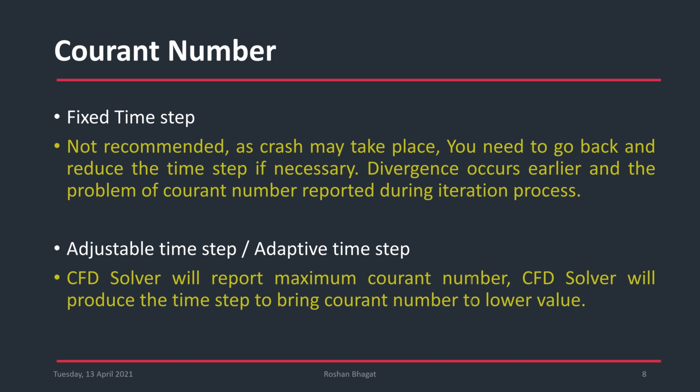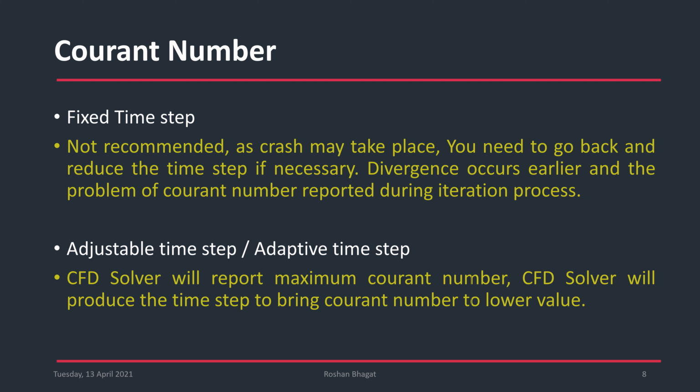You might have observed the global Courant number reaching some value like 250. Such messages will come out and you will not be able to proceed with the iteration process. These are things that can happen if fixed time steps are selected.